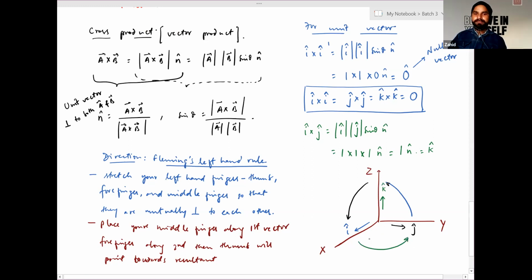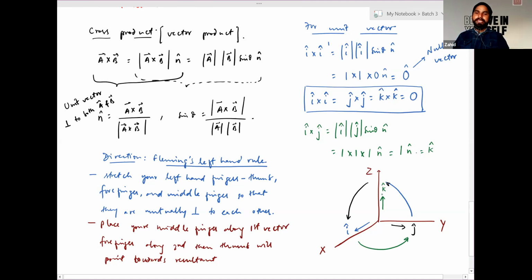If you move from I to j in the anti-clockwise direction, the resultant perpendicular to this will be along k cap. Just use your left hand fingers. Put your thumb and middle finger along the x-axis, that is towards you.